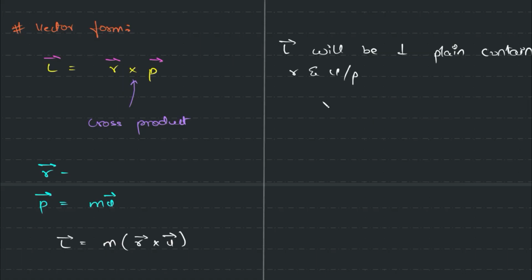Its direction is given by the right-hand rule, which I'll speak about. In terms of magnitude, we can rewrite this as m r v sin(theta), where theta is the angle between r and v.